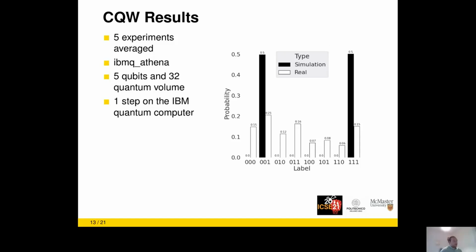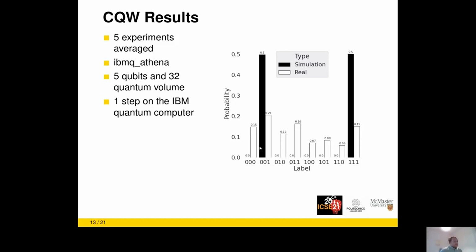For each experiment, we performed only one step of the walk. And by looking at the image on the right, we can see in the x-axis our labels that are the nodes of the graph, and in the y-axis, the probability to find the walker in a given node.